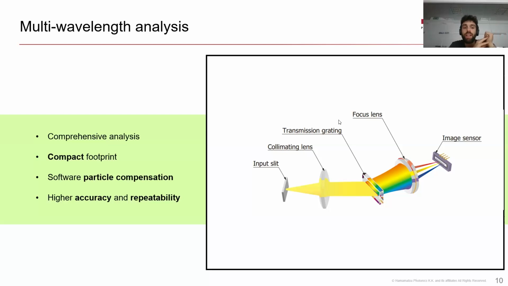The footprint is still extremely compact, and you will see that in the next slide. And we can do particle compensation or turbidity compensation using the visible part of the spectrum. So in general, with multi-wavelength analysis, we achieve higher accuracy and a more repeatable measurement.